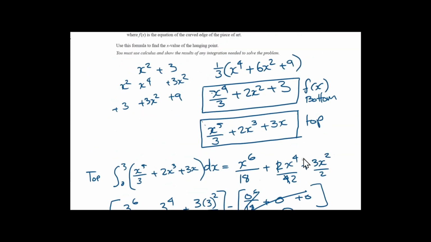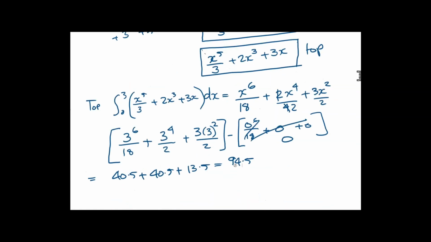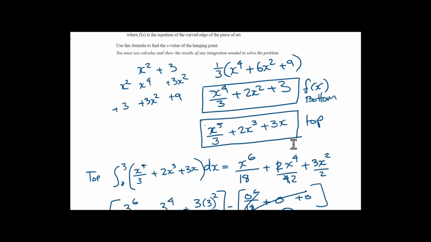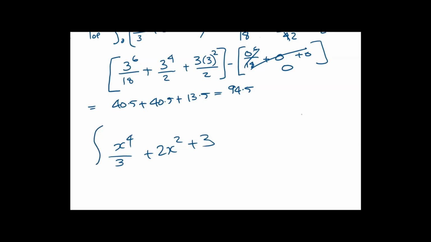Now we need to integrate the bottom one, x to the power of 4 over 3 plus 2x squared plus 3. Integrate this one between 0 and 3, ignoring the 0 and 3 for now.